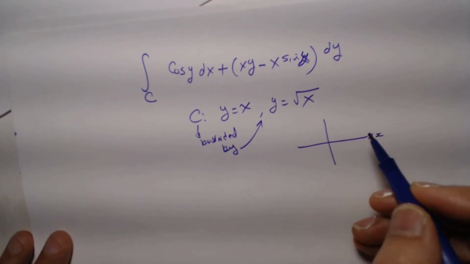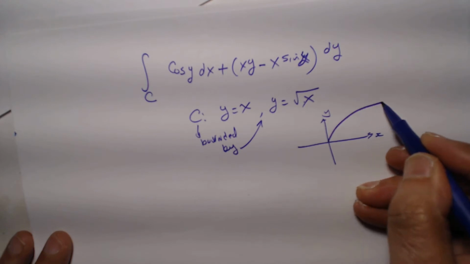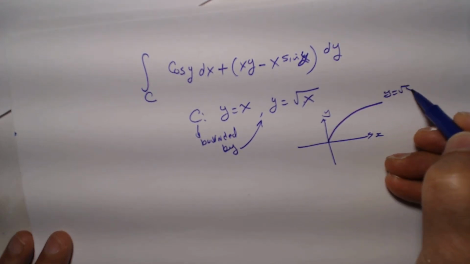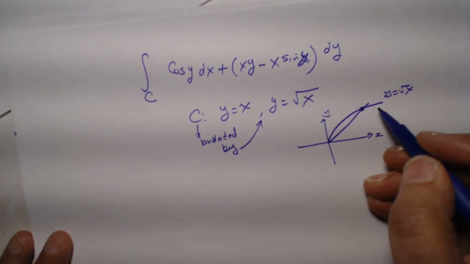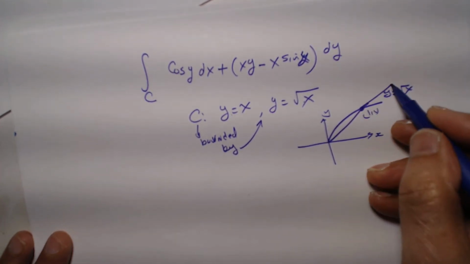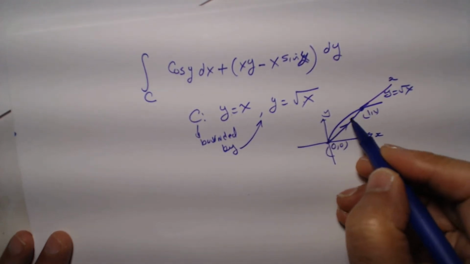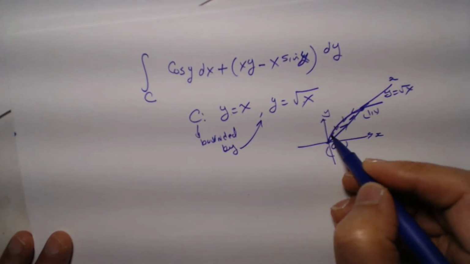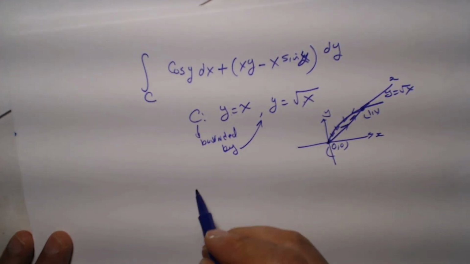If this is the x-axis and the y-axis, this is the square root function y equals square root of x, and that's the line y equals x, and they intersect at (1, 1) and (0, 0). And I must go counterclockwise in order to apply Green's theorem, and that's very good.